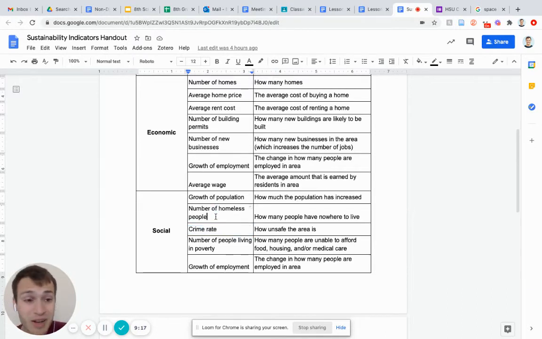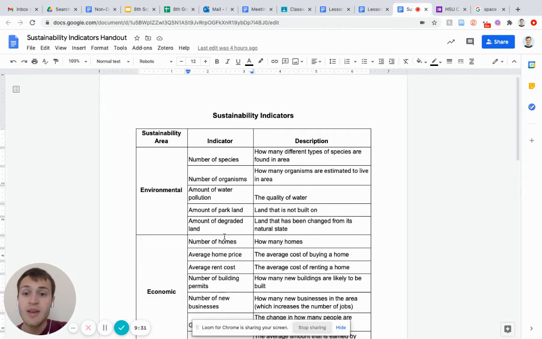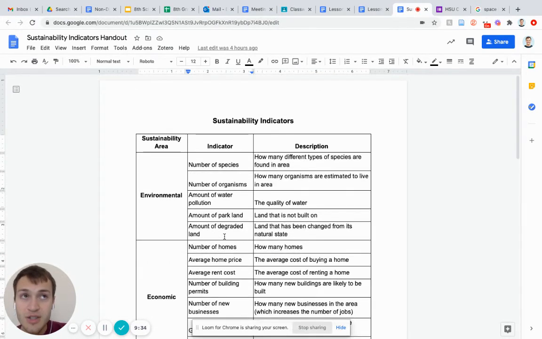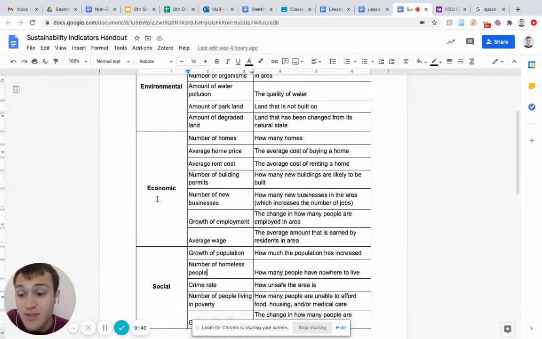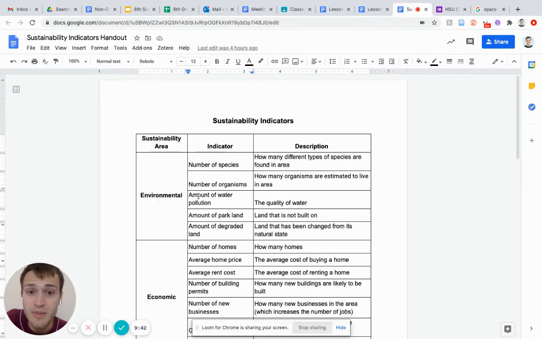So if there are a lot of people that have nowhere to live, then that means something is broken in the local society. It's not working. It's not healthy because it's not taking care of everyone. So those are some different social indicators that we can think about. So when we determine if an environmental solution is sustainable, we need to think about environmental, economic, and social indicators. These will help us determine if our solution is going to be good.